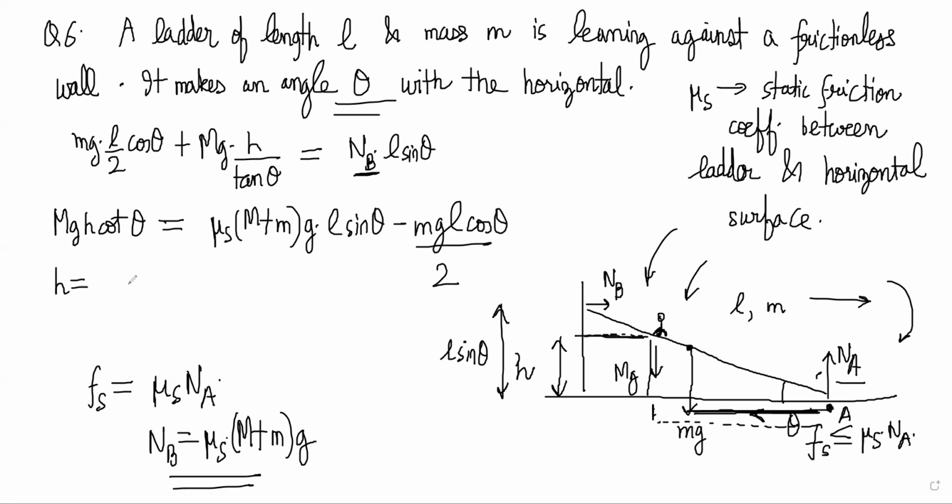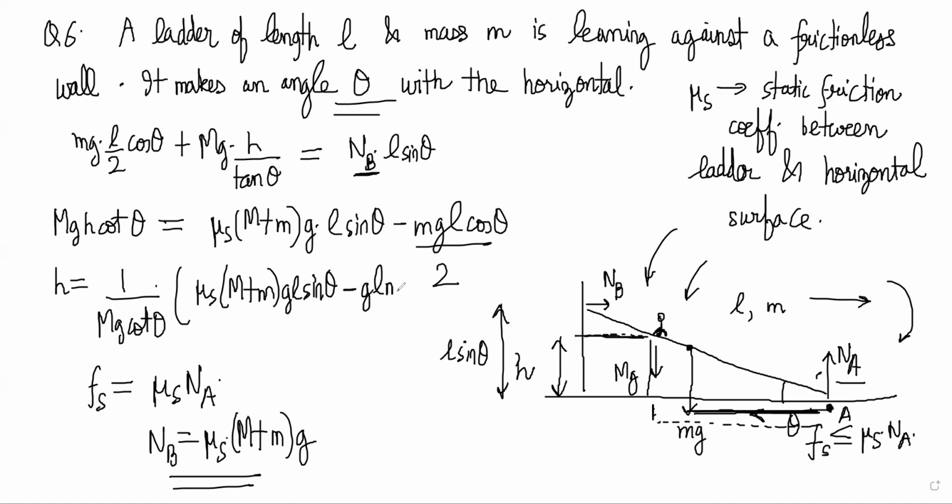So h is equal to 1 by Mg cot theta times mu s M plus m g L sine theta minus g L m cos theta by 2, right? And obviously g gets cancelled throughout.